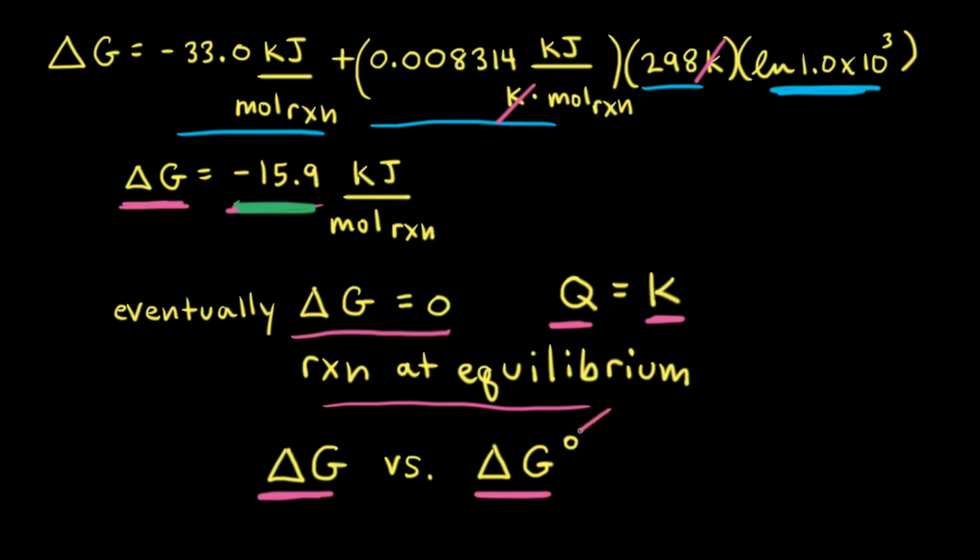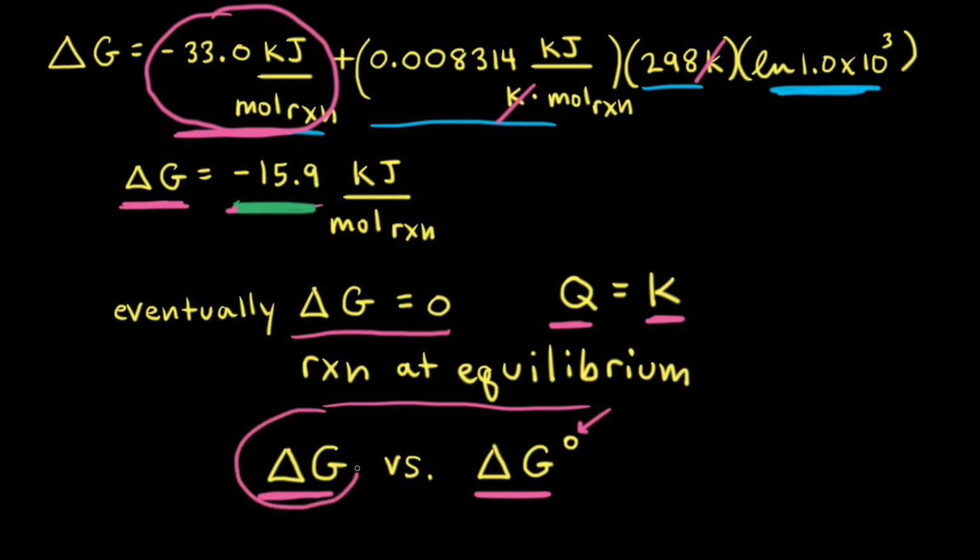Delta G naught is talking about the difference in free energy between reactants and products when reactants and products are in their standard states. And since that value is a constant, if the temperature is constant, notice for all of our calculations, delta G naught was equal to negative 33.0 kilojoules per mole of reaction.